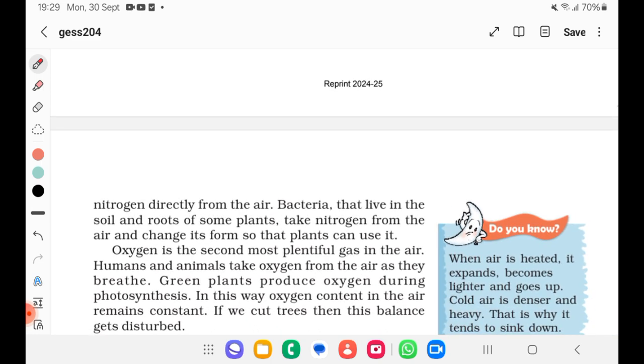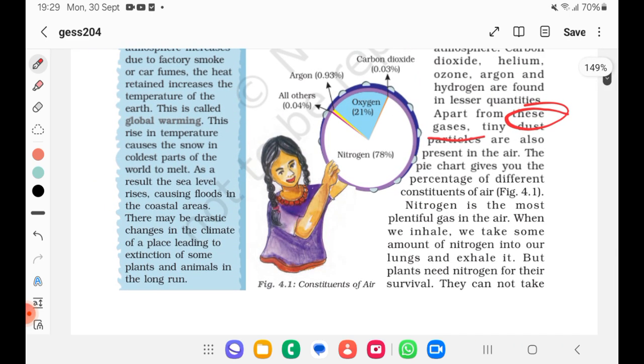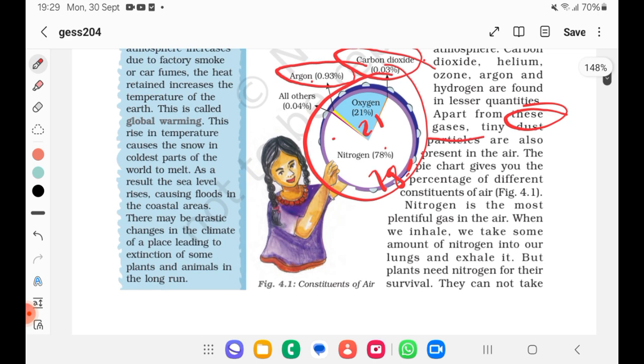Bacteria that live in the soil and roots of some plants take nitrogen from the air and change its form so that plants can use it. In the pie chart, nitrogen is 78% and oxygen is 21%. The remaining things are argon, in lesser quantity, and then carbon dioxide. So nitrogen, oxygen, argon, carbon dioxide and other gases. 0.3% is carbon dioxide.